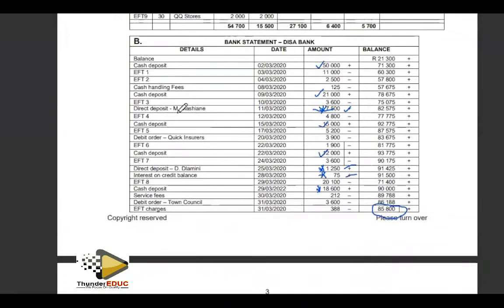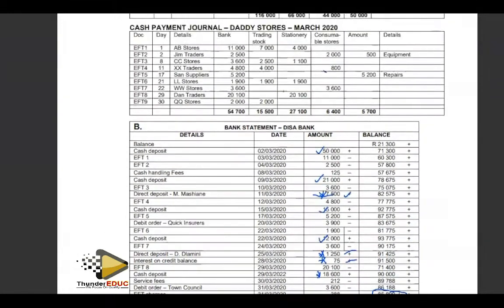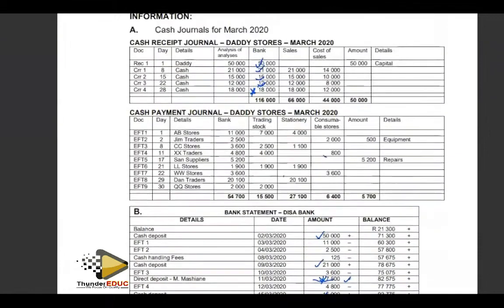Then, what we have to do now is compare our cash payments journal and the debit side of the bank statement, okay? Our cash payments journal. Where is the cash payments journal?